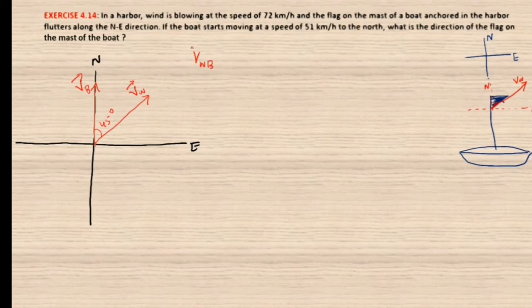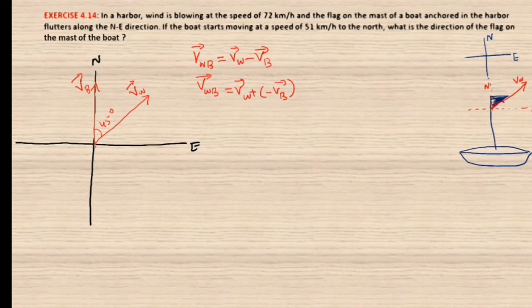If you write it in vector notation, VWB is equal to VW minus VB vector. The relative velocity of wind with respect to the boat can be written as VW plus minus VB vector. That means in order to find this relative velocity, we have to take the negative vector of the VB vector.